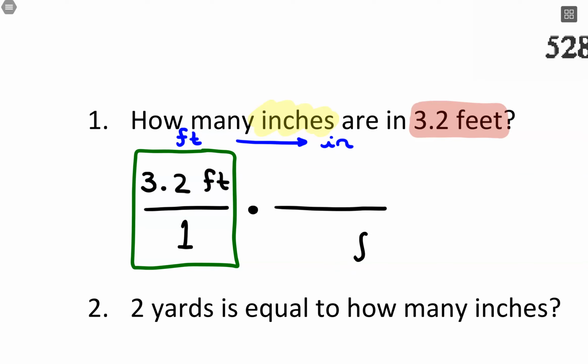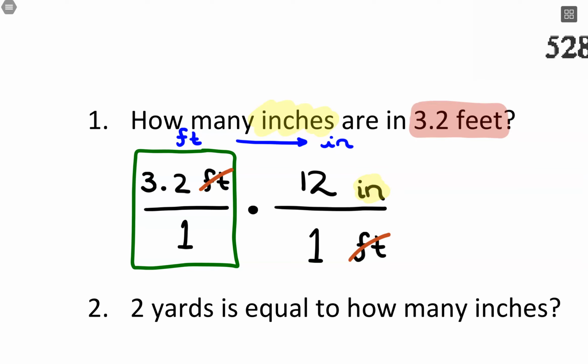So I want feet in the denominator, which means if I'm converting to inches, I'll need inches in the numerator. And then I just fill in my numbers from the equivalence up above. So we know that 12 inches is exactly equal to 1 foot. Now how we have this set up, the units work out because feet are going to cancel, so all we'll have left over are the inches.